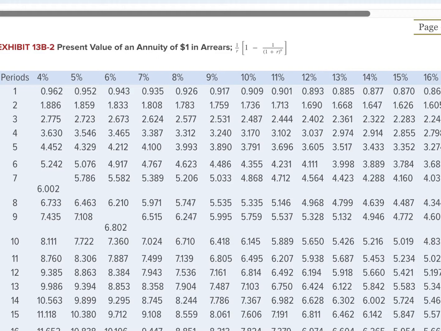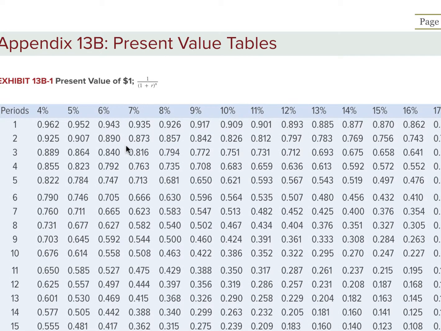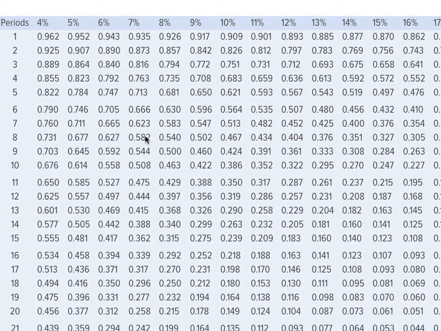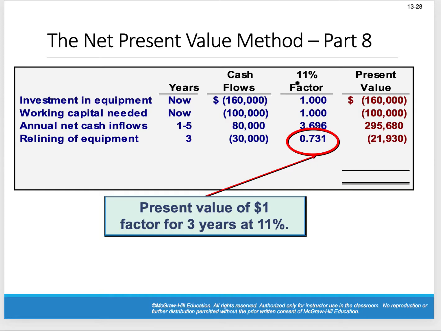We go to our present value table, find 11%, and scroll down until we hit year 3, and we have 0.731. We multiply those two out and we see that at year 3 I have to shell out $30,000.